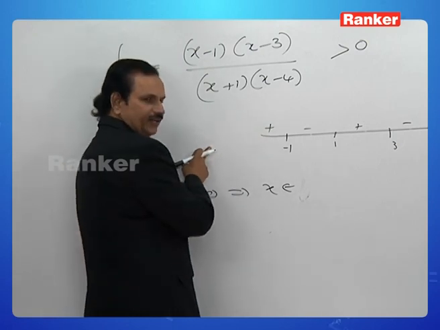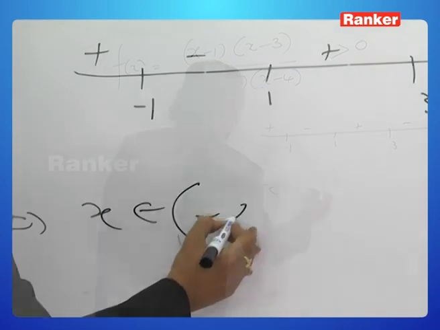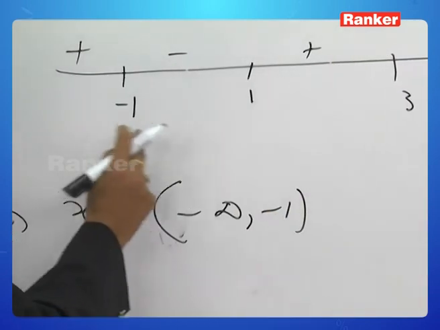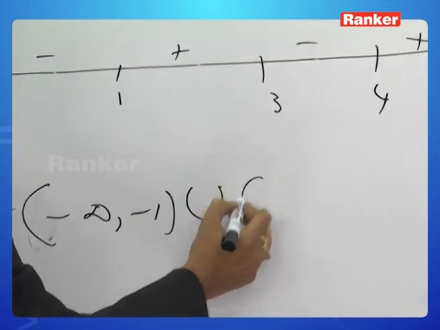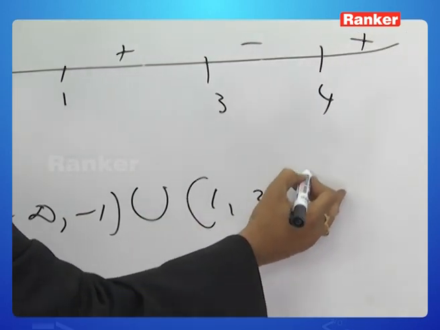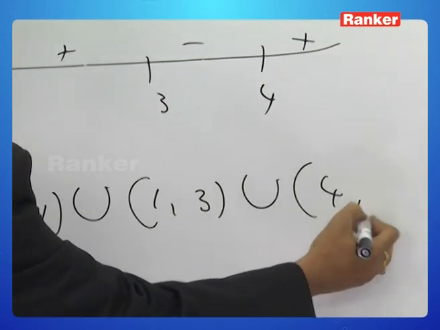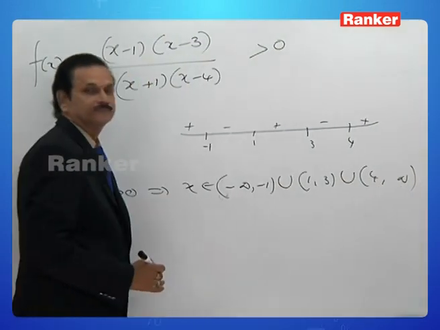Up to minus infinity. Therefore minus infinity to minus 1. The next positive region, come on, between 1 and 3. And the next positive region 4 to infinity.